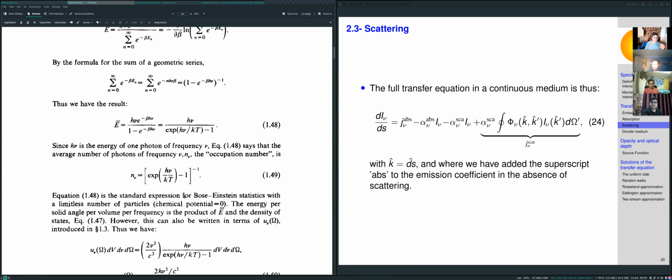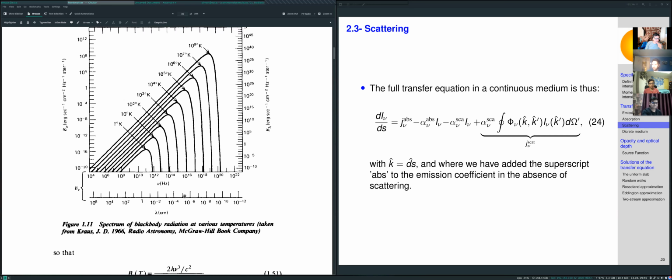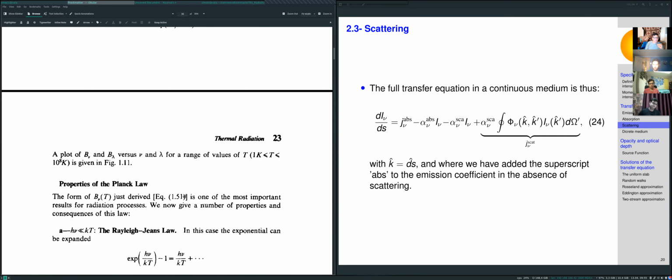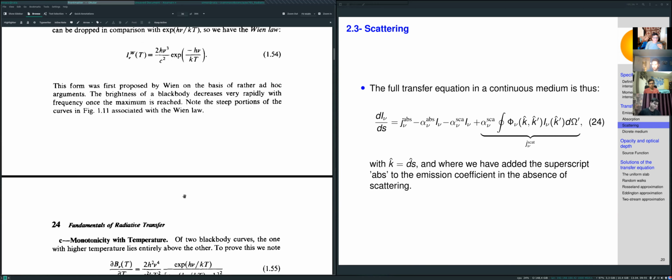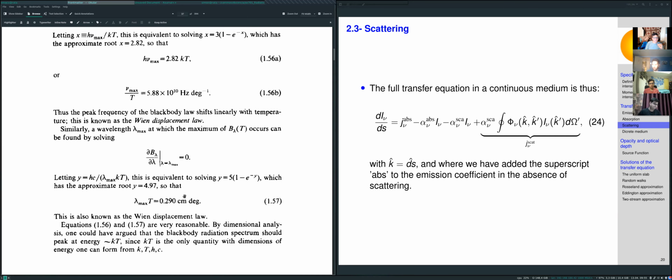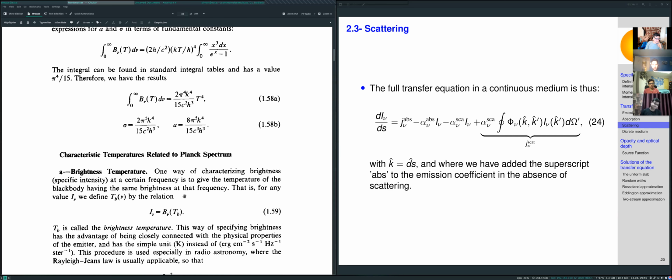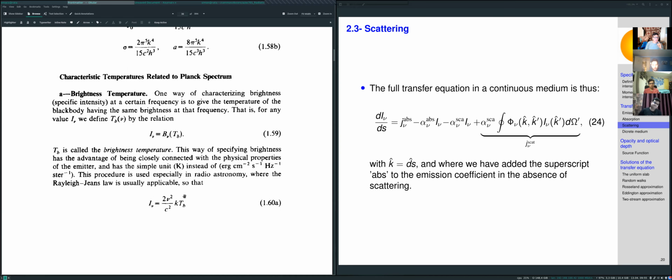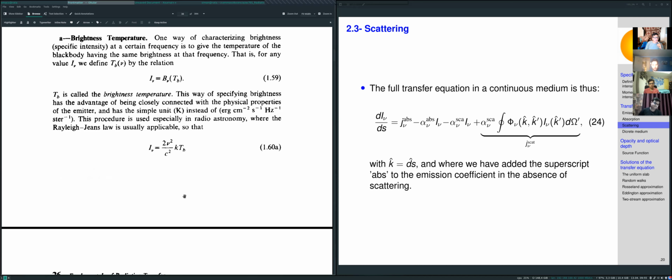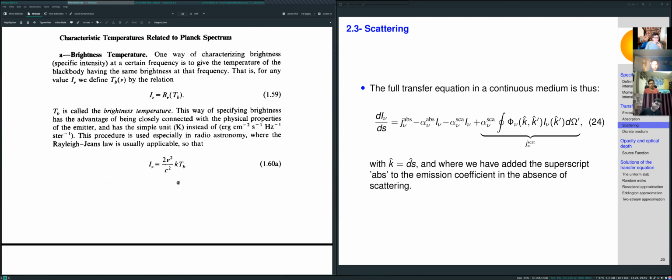Yes. Okay, good. So you can work on this on your side: properties of the Planck law, the Wien displacement law, the relationship between A and sigma. Okay, so this would be fairly new, the brightness temperature.